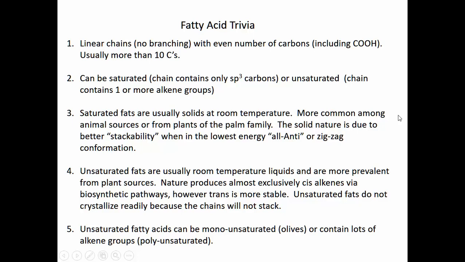We'll look at an energy minimum conformation of a fat in a future slide. Basically, when we draw in their lowest energy conformation, which is the all anti or the zigzag, where it's just straight across the paper, we'll see that the chains can stack on top of each other quite easily. Unsaturated fats are usually room temperature liquids.